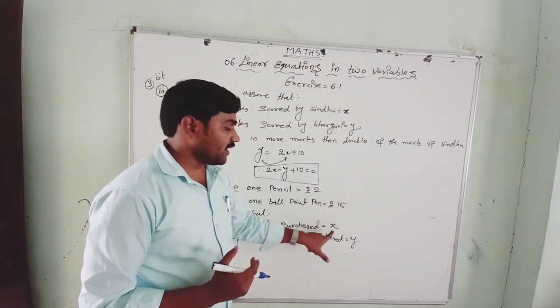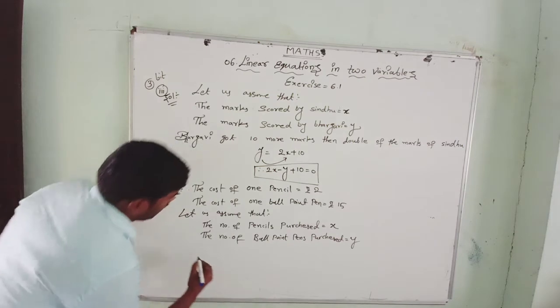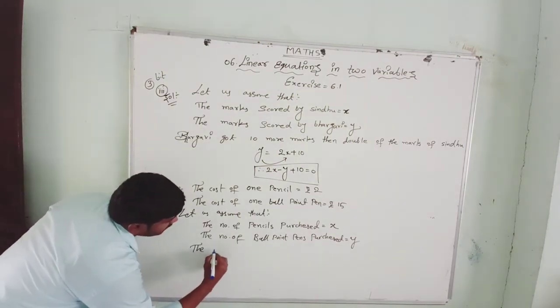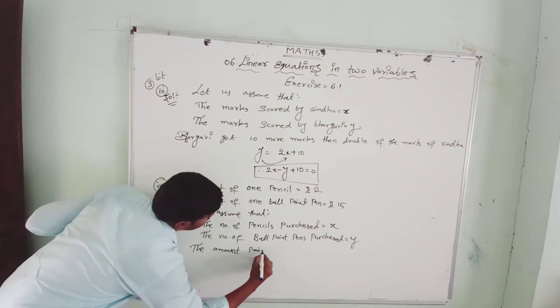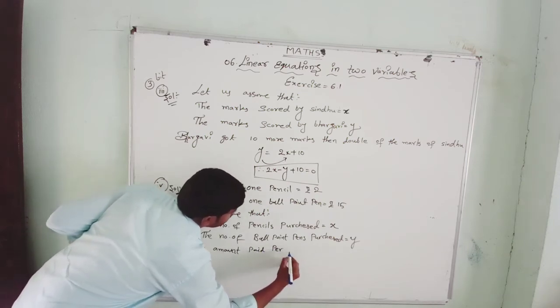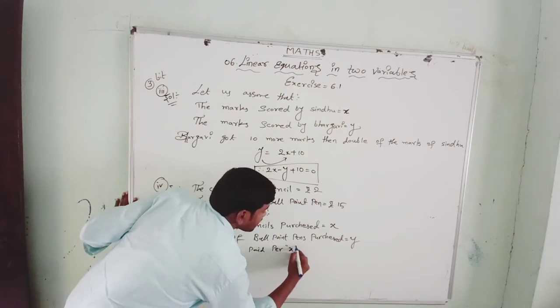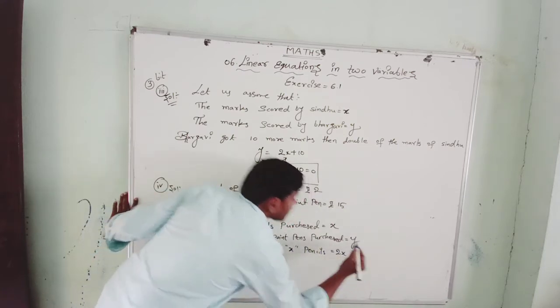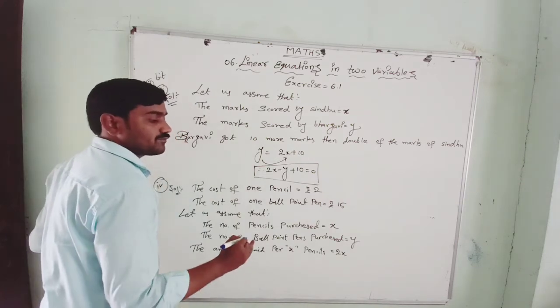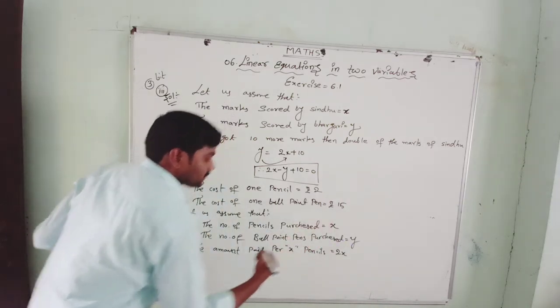The amount paid for pencils equal to 2x rupees. She paid 2x rupees for purchasing x pencils.